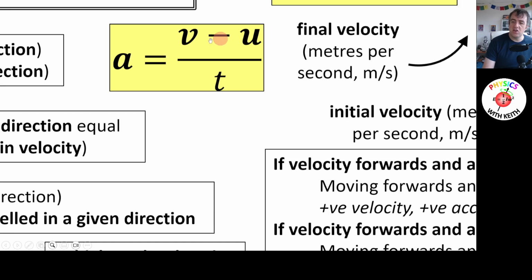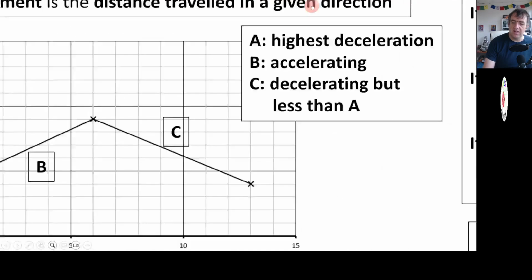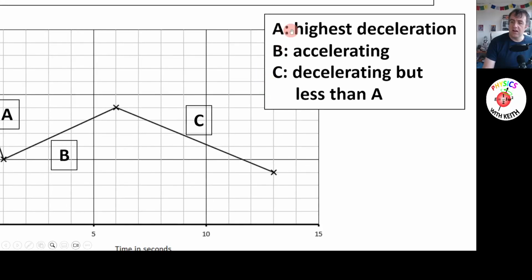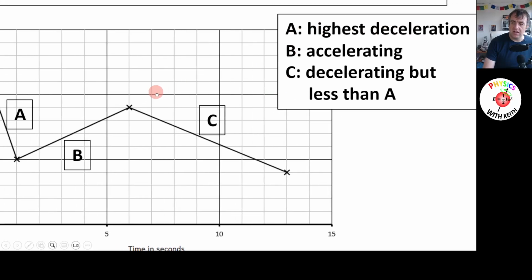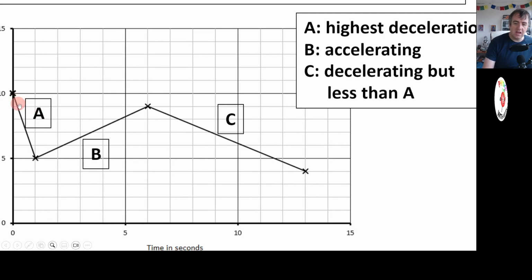So that our acceleration is a difference in the y-axis divided by a difference in the x-axis. That is a gradient. So our acceleration is represented by the gradient. So you can see here that we have a very steep and negative line. So the gradient of this line is the acceleration.